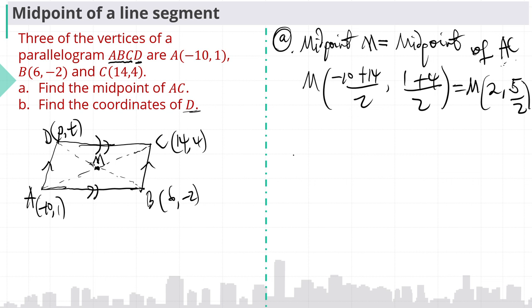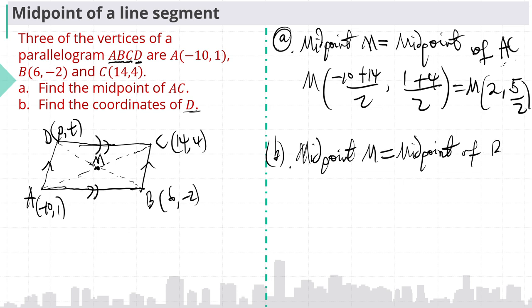Then question B says that we should find the coordinate of D. Okay. The coordinate of D lies on the other diagonal BD. So we can make use of the diagonal BD. We see that again the midpoint M is equal to the midpoint of the other diagonal BD.